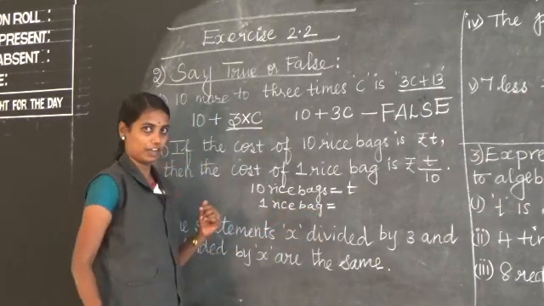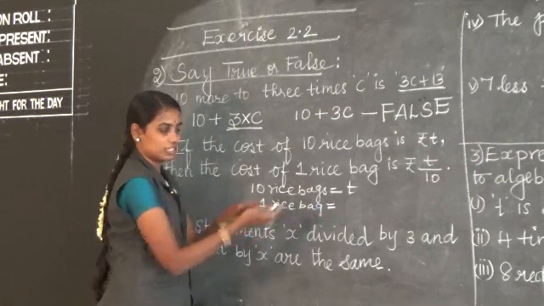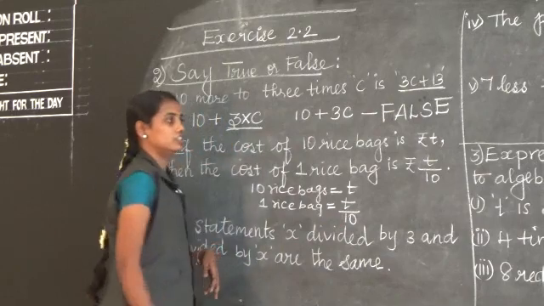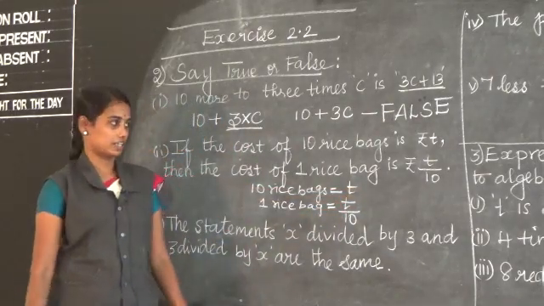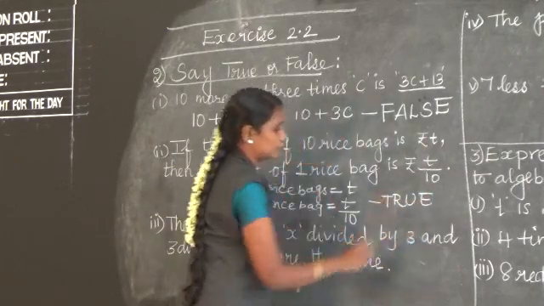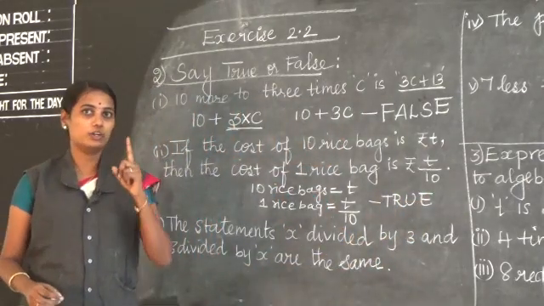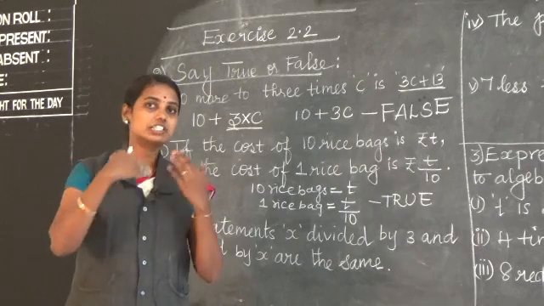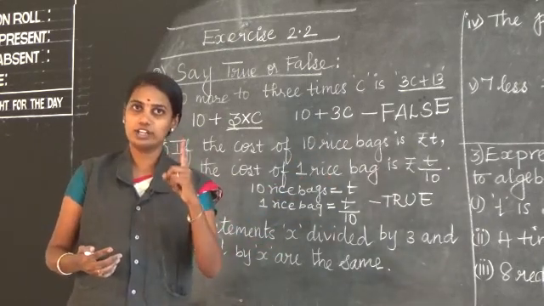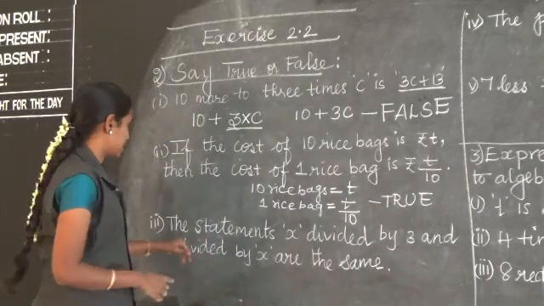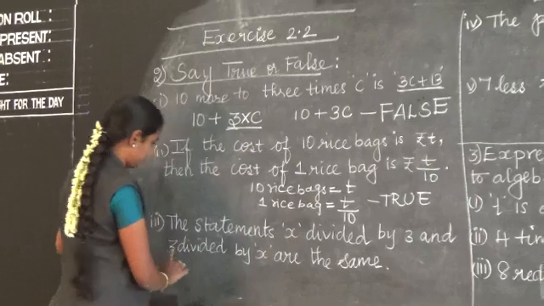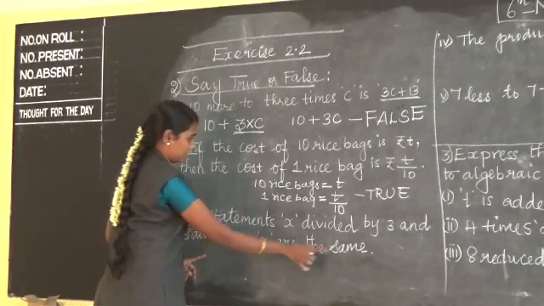So the 10 will go this side as division. T by 10. So the given statement is correct. True. Listen, whenever you are finding for 1, you have to divide. Given is 10, we are going for finding 1. So we are dividing.